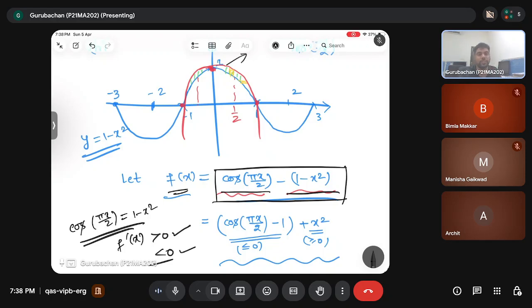And if it is less than 0, then it will be decreasing in the whole interval. Then obviously it will be clear that it can intersect only at one point. Agreed or not? Yes, sir. If a function is increasing and it cuts the x-axis one time, there will be one point. Similarly, if it is decreasing and it is 0 at one point, there will be only one point, not more than that. We have done those results also, right? Yes, sir. So now it is clear.